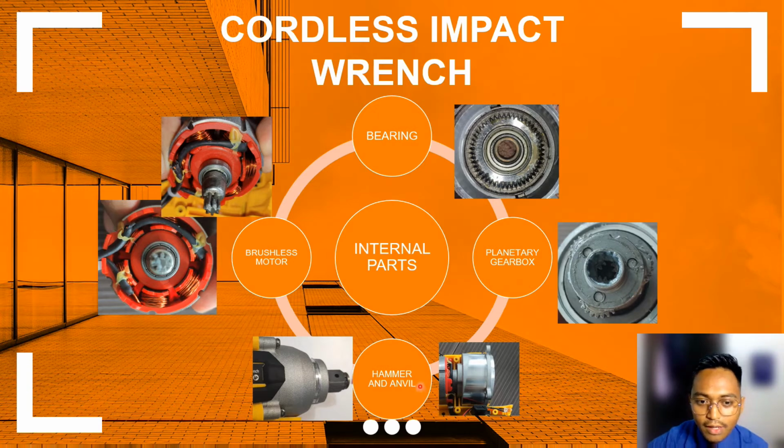The third one is the hammer and anvil. This is the hammer and this is the anvil. And the last one is the brushless motor. We need to identify these because it helped me understand more about what I am studying.